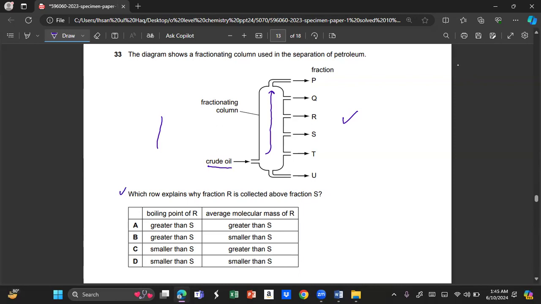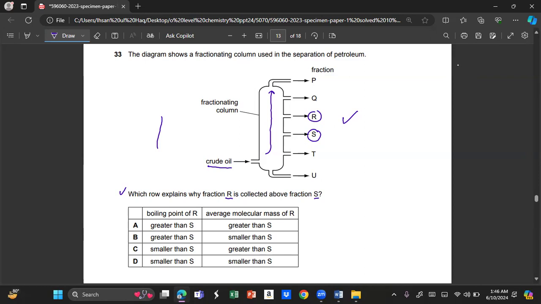Which row explains why fraction R is collected above fraction S? It says fraction R has been collected above S. Why is this? As I earlier told you, the fractions with low boiling point, which are lighter, will definitely evaporate first.